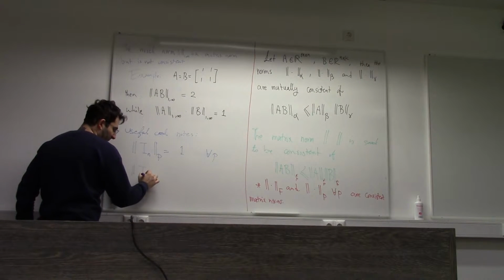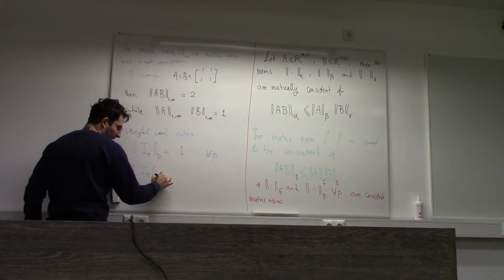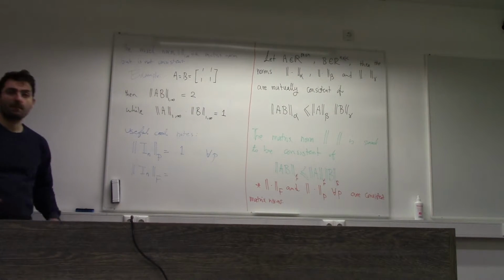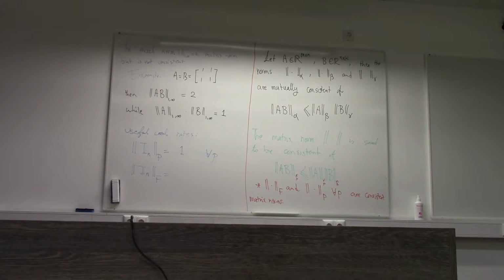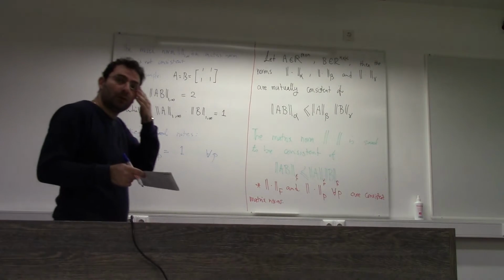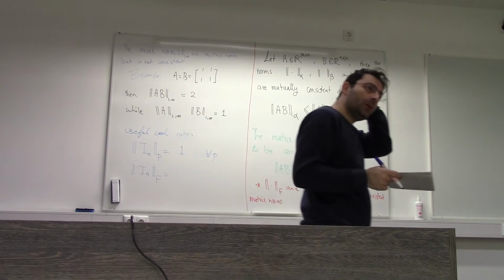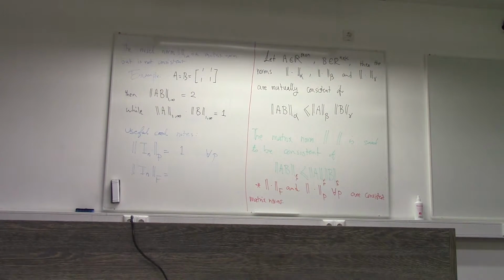What is the Frobenius norm of I_n? How can I calculate it? Trace. Square root? Yes.